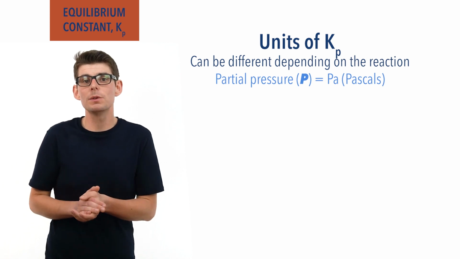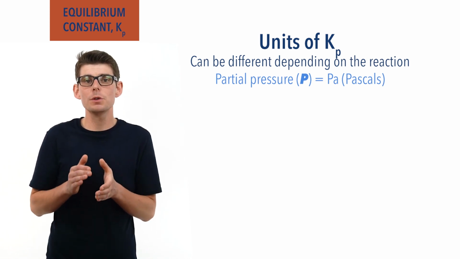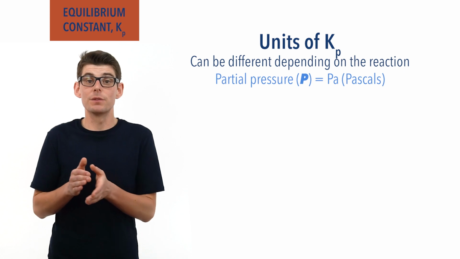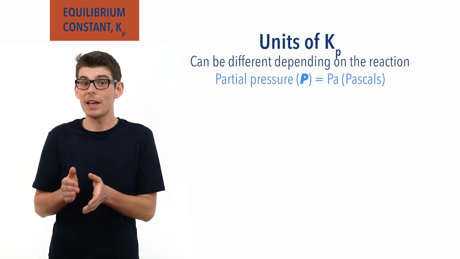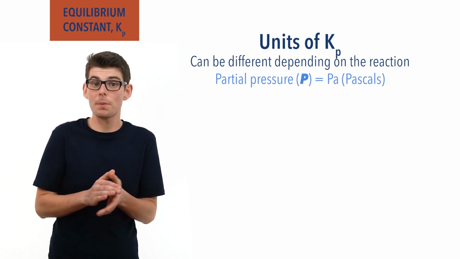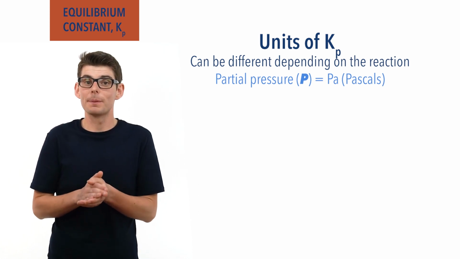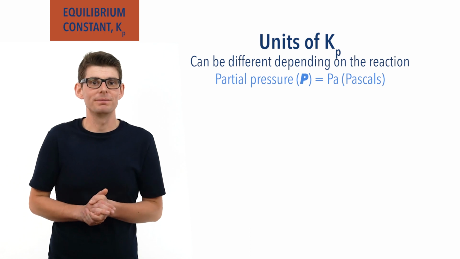To determine the units for Kp, we substitute in the units Pa into the expression instead of partial pressure values, and see what we are left with after the Pa on the top of the fraction are cancelled out by the Pa on the bottom of the fraction.